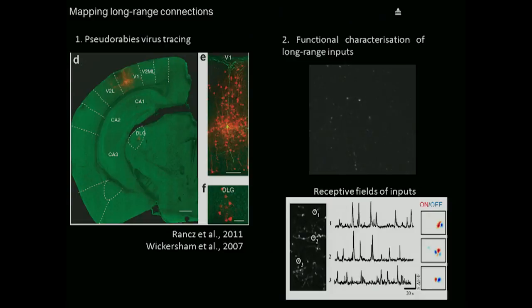One can then use the calcium signals of these individual boutons. These are 3 examples here, and based on the visual input that we presented, we can extract the receptive field of those cells and so on. So we can map the types of input that are coming into the cortex, and ideally we want to do this during different behaviors to see how different inputs affect the processing of visual information as it's coming in from the sensory periphery.